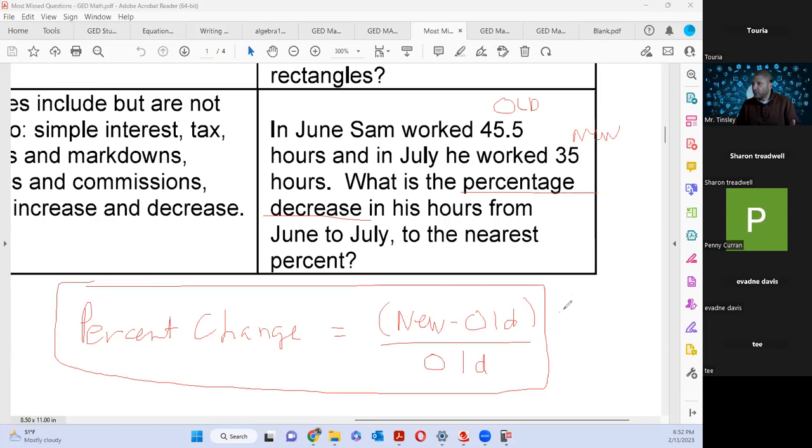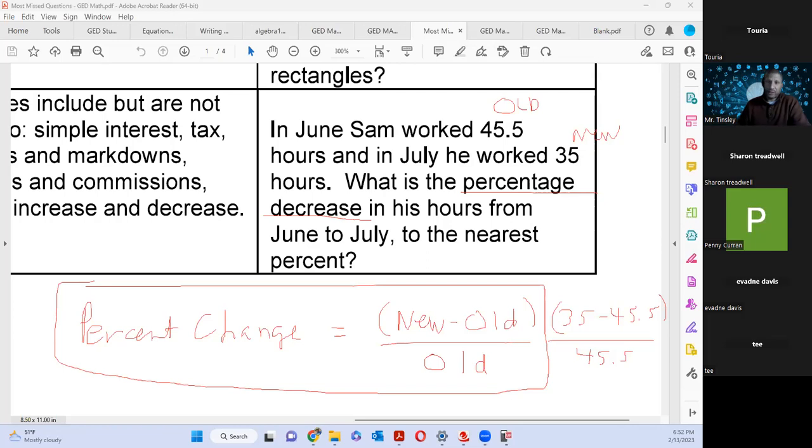So new is 35 minus 45.5 over 45.5. A lot of people reverse those numbers and they get this problem incorrect. You must identify your old and your new value. Remember, what is the first thing I said? Identify what's given.